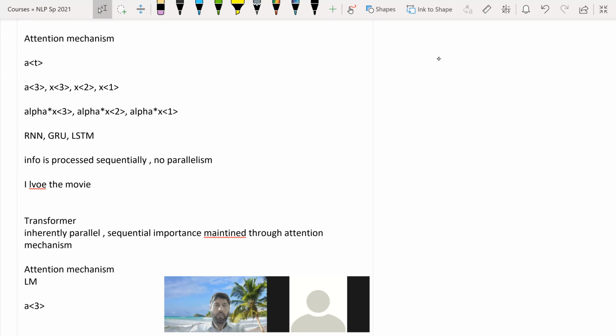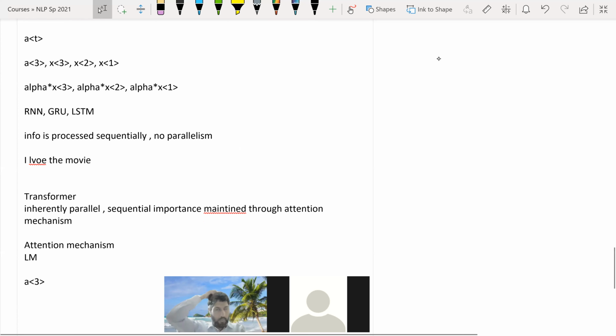So let's say you want to compute A3, which is the output after seeing X3, and once you have seen X3, it means that you have also seen X2 and X1. So the attention mechanism is motivated in this way: let's say you have X1, and you're talking about X3.